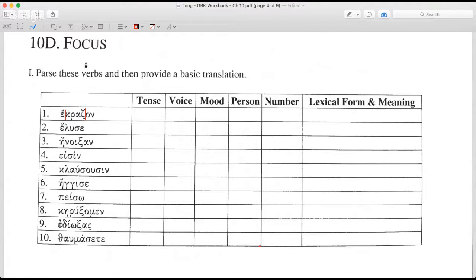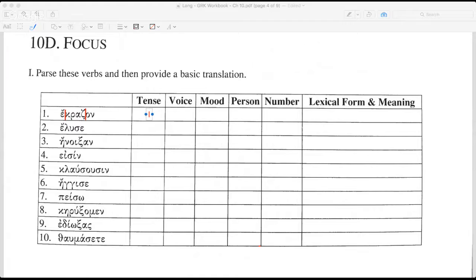So what is my tense then? Imperfect. What's telling us that we're dealing with imperfect is we have a type 2 ending with an epsilon historical augment on the front.